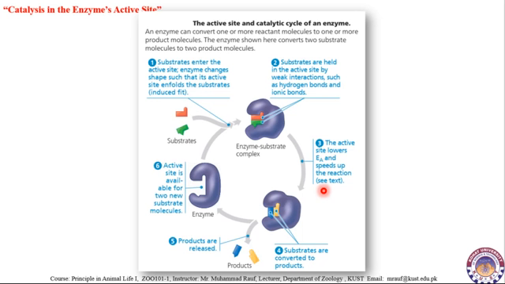So what is the function of enzyme? It lowers the activation energy and it helps the reactants to cross that barrier and convert into products. In the fourth step, substrates are converted into products. You can see here the products have been released from the enzyme, and the active site of the enzyme is once again available to catalyze another reaction and to enter into this cycle again.